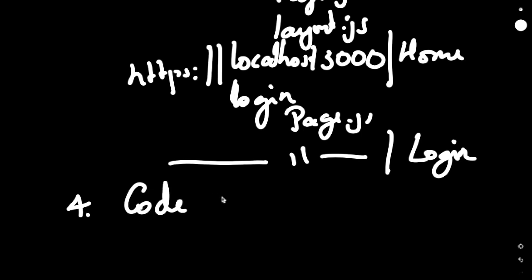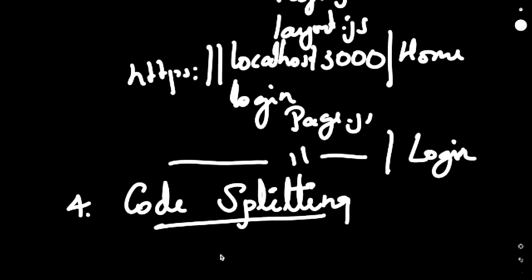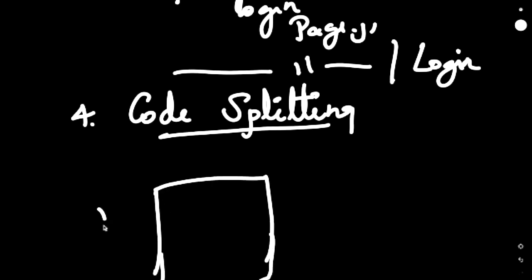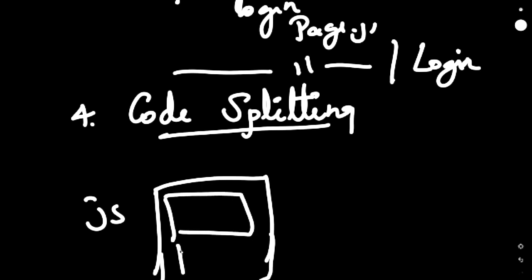The fourth important feature that Next.js offered is code splitting. That is, the JS file that is being sent from the server side is divided into many partitions that are separately loaded as requested or required by the web page.